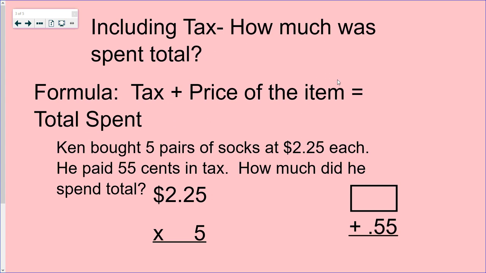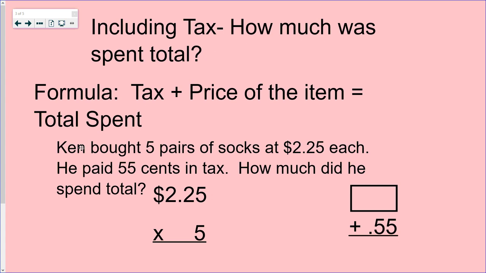If I know the total spent and I know the tax, I can find the price of the item, because if tax plus price equals total, then total minus tax equals price. And so we could take the total spent minus the tax and get the price of the item. That formula really helps me, because I can write it down, plug the numbers in, and figure out what I'm looking for.